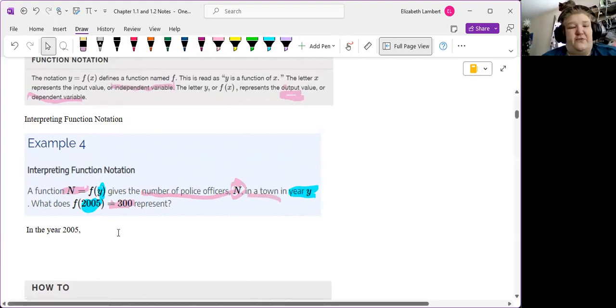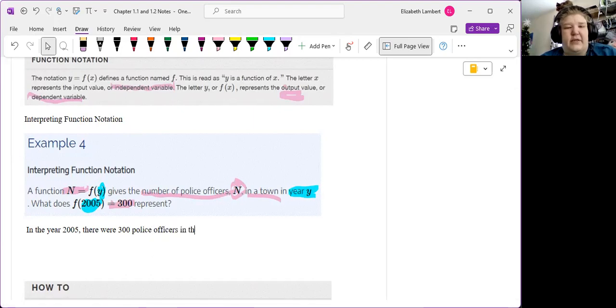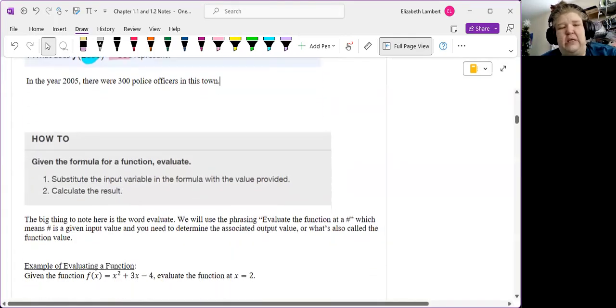So in the year 2005, there were 300 police officers in this town. So there's the fancy math, and there are all the words it takes to say the same thing in math, given the sentence before defining the units. So represent or interpret usually means write us a sentence that explains the answer, where it's coming from, what does it mean?